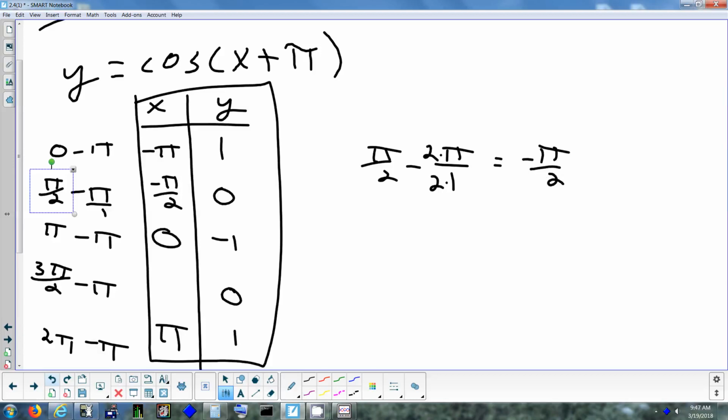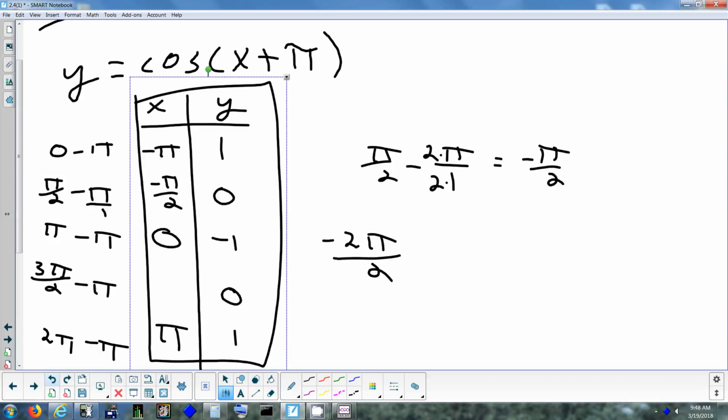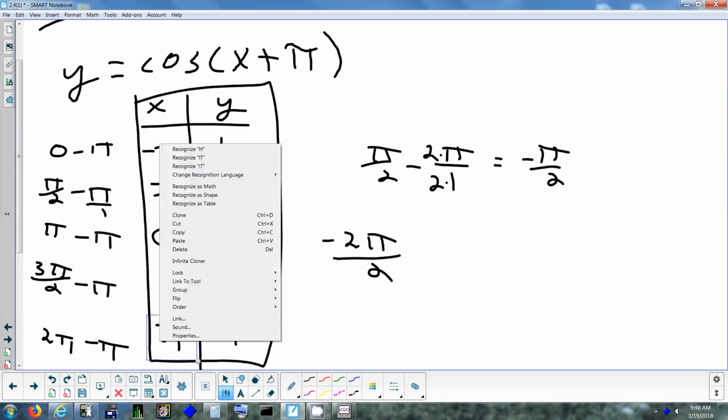Now, if you've got 4 out of 5 points in a table, you should be able to look for a pattern and just figure out the other point based on the pattern. If you wanted, you could write the top one like this. Negative 2 pi over 2, negative 1 pi over 2, 0 pi over 2. The last one is 2 pi over 2.